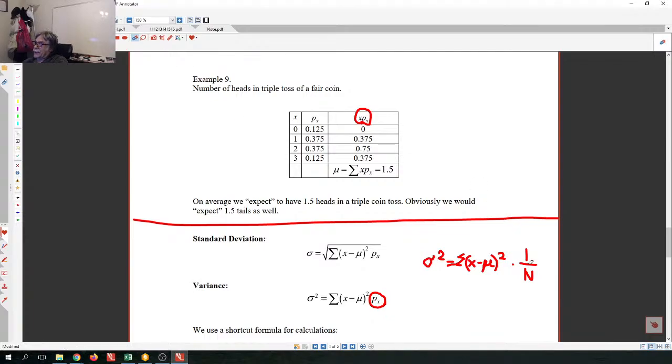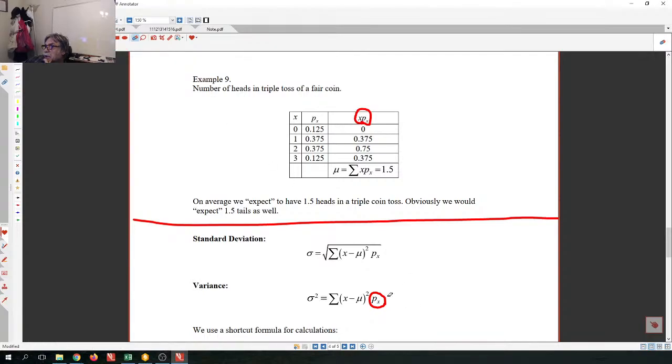So the formula is basically the same as the formula we use to calculate the variance in the sample situation, in the population situation, but this time the weight we assign to every term in that summation is not going to be the same. It's going to be the weight depending on the probabilities. Okay, so that becomes the formula for variance.